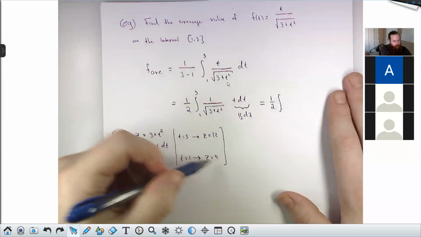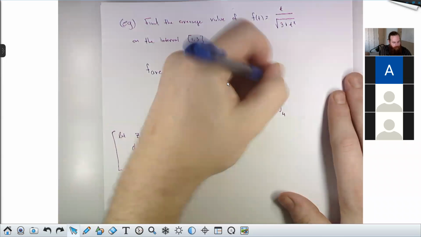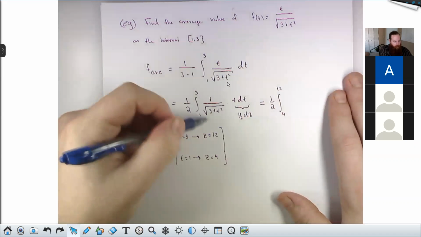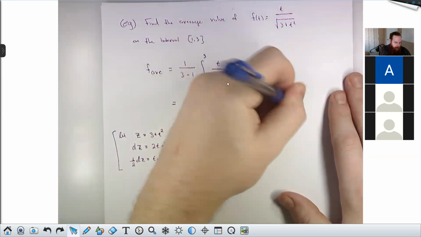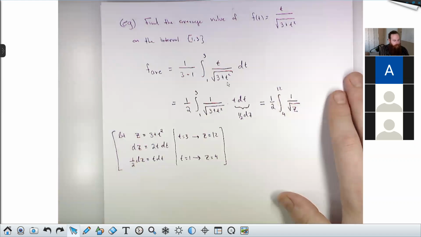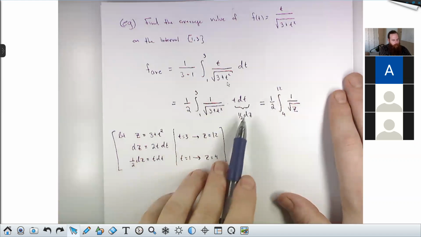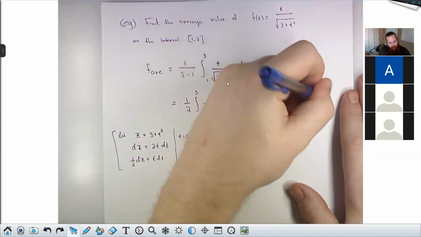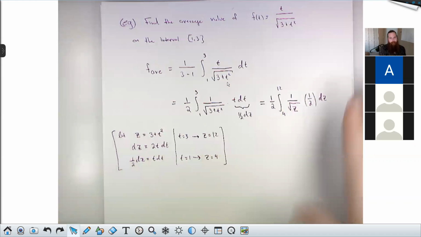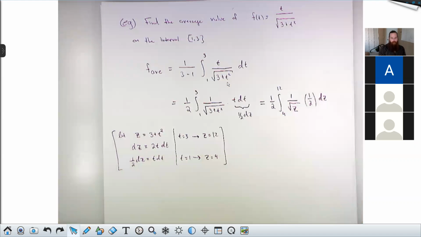My new integral runs from 4 to 12. 1 over the square root of 3 plus t squared is 1 over the square root of z. And t dt is 1/2 dz.